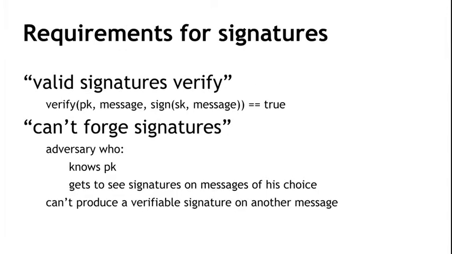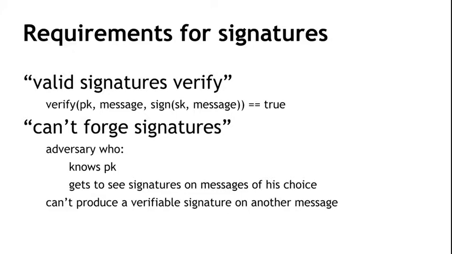Okay, so the requirements for the signatures at a slightly more technical level are the following two. First of all, valid signatures will verify. That is, if I sign a message with SK, my secret key, and someone then later tries to validate that using my public key and the same message, it will validate correctly.